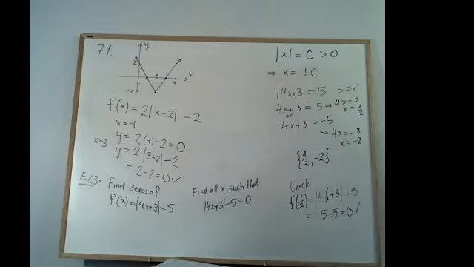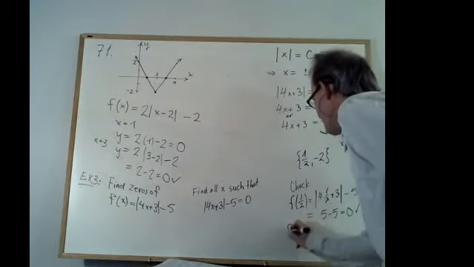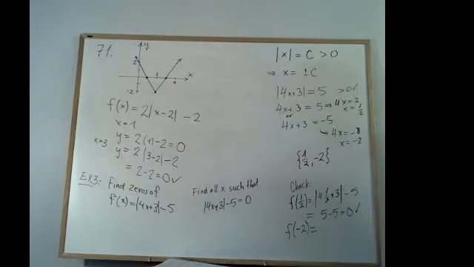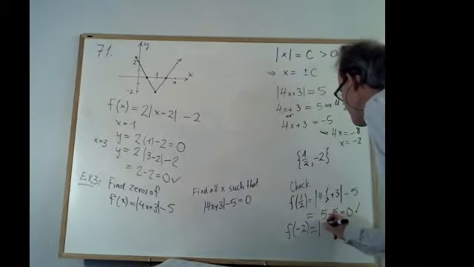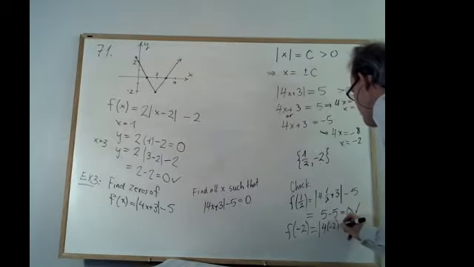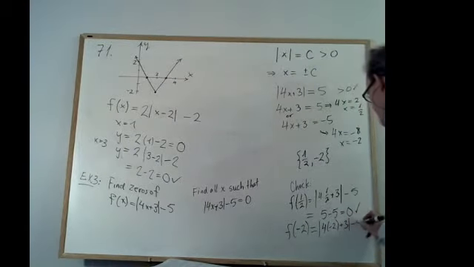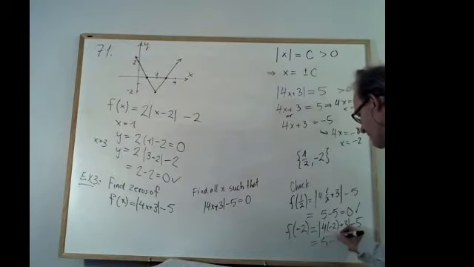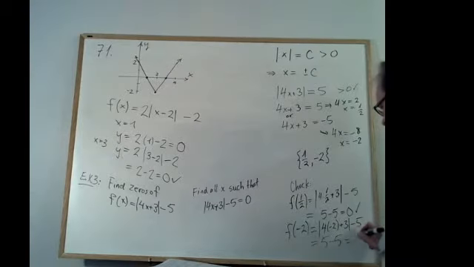So that is one of the zeros of this function. And finally, f of minus 2 is 4 times minus 2, which is minus 8, plus 3, and that's minus 5 in brackets, then I take the absolute value, that's plus 5. 5 minus 5 is, again, 0.